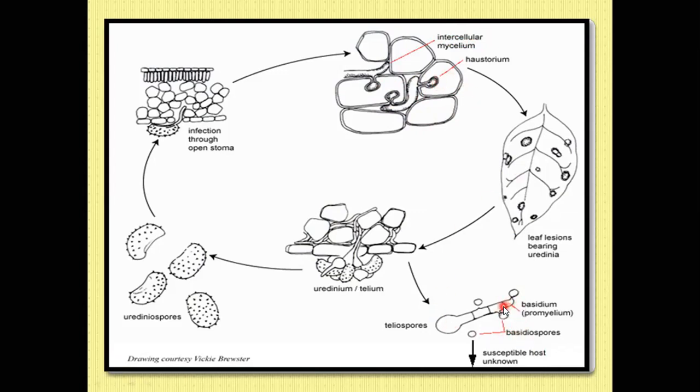So this is the infected leaf having orange yellow uredopustules, and these uredopustules contain the urediospores. These urediospores are generally reniform, or orange segment like.